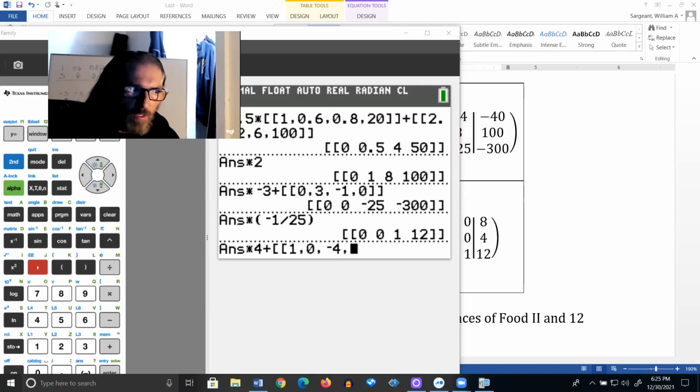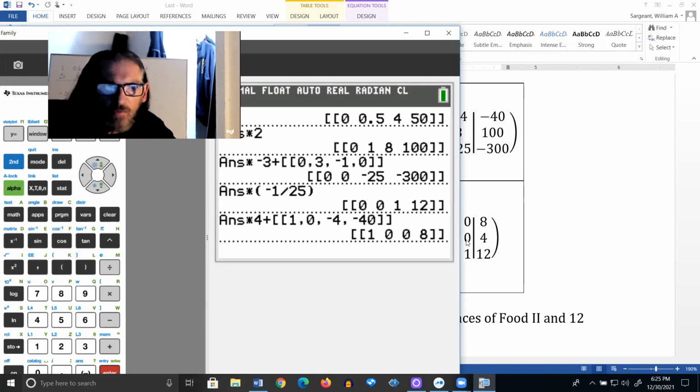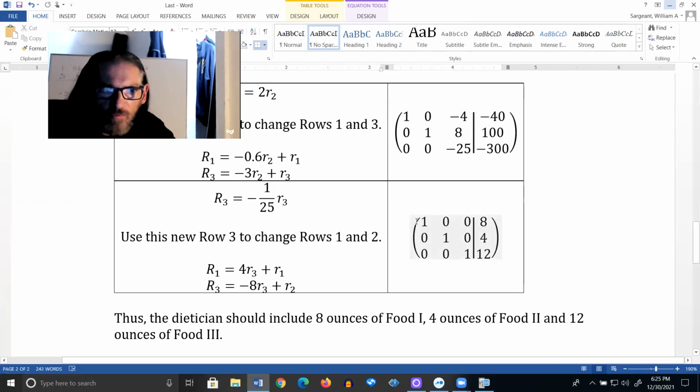Come on, negative sign. And close the square brackets. So much easier to type it on an actual calculator instead of a virtual one. Okay, so 1, 0, 0, 8 in the new row 1, just as I came up with in my previous work.